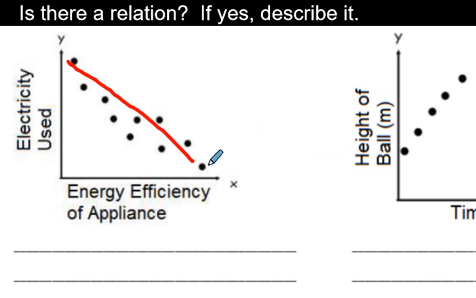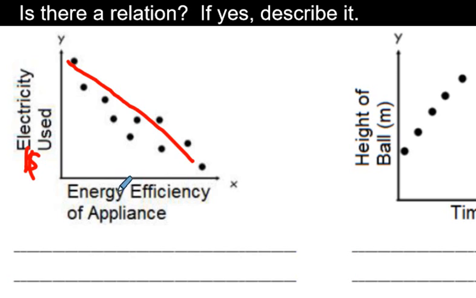And if you wanted to describe the relationship, the more energy efficient, the less energy is being used. So the more that the appliance is good on energy, in other words, uses less energy, the less electricity is used. So maybe you could say, well, the less money you're also spending on your bill, okay?